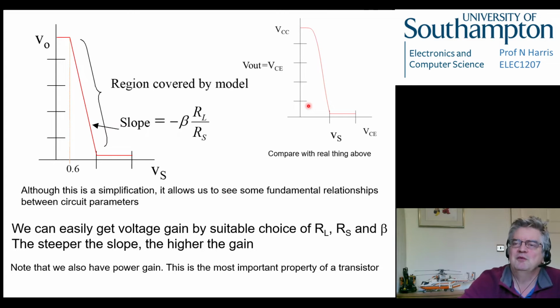Now the model that we've just looked at, the simplified model, is this bit. All we've done is we've replaced it with a straight line. Now in reality this straight line really goes on up and down in mathematical terms, but we also have to apply a little bit of common sense and say, well, we can't go any higher than VCC because that's the power supply, so that obviously gets clipped at that point there.